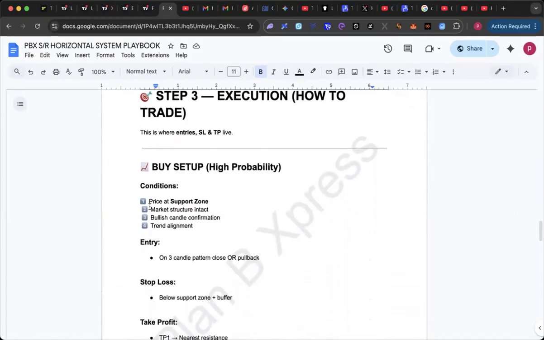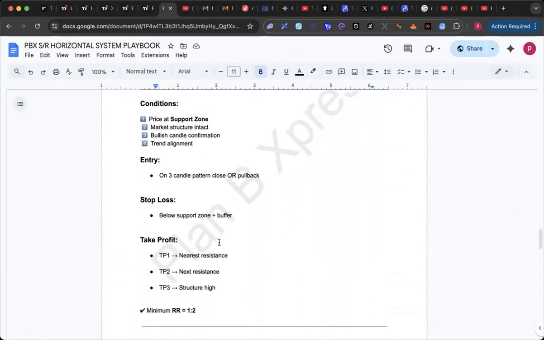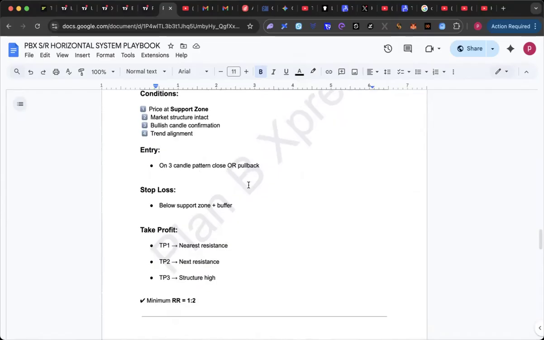Buy setup with this: price at support zone, all right? Market structure intact, okay? Bullish candle confirmation, that's when the candle, then trend alignment, in alignment with the trend. Entry on 3 candle pattern close or pullback, okay?